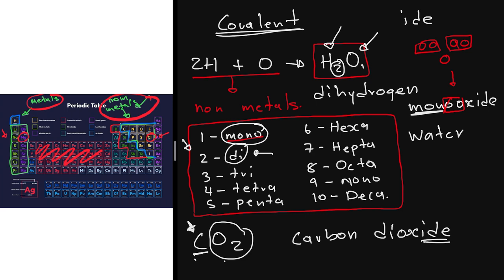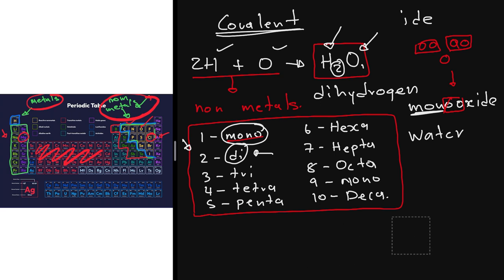Carbon is a nonmetal and oxygen is a nonmetal. And also here, hydrogen is a nonmetal and oxygen is a nonmetal. So that is why we label them the way we label them. But if ever we were labeling an ionic compound, we will label them as we did with the ionic metals. So now let us look at a few more examples.